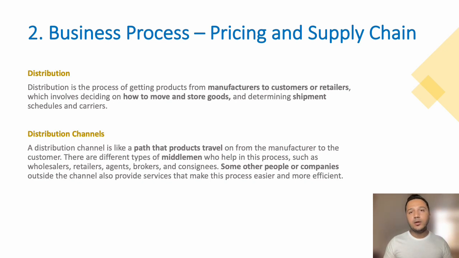One of the key critical components of supply chain management is distribution and the distribution channel. Distribution is basically how we take our product from manufacturing to finally delivering that product to the final customer. It could be a retailer, because you might be just selling as a wholesale item to the retailers, or it could be to the final consumer.